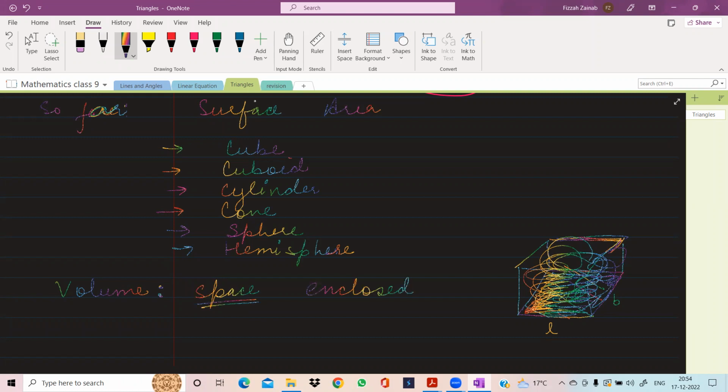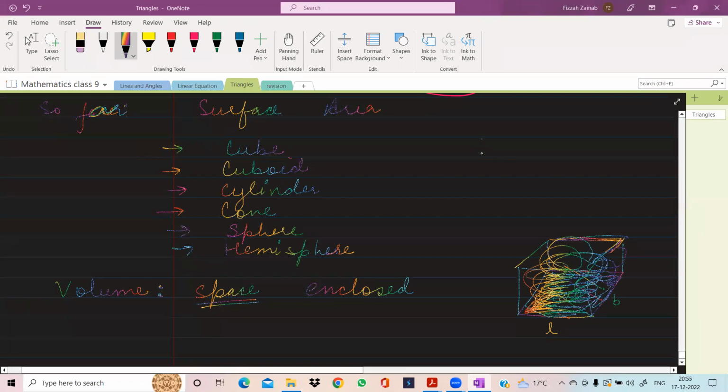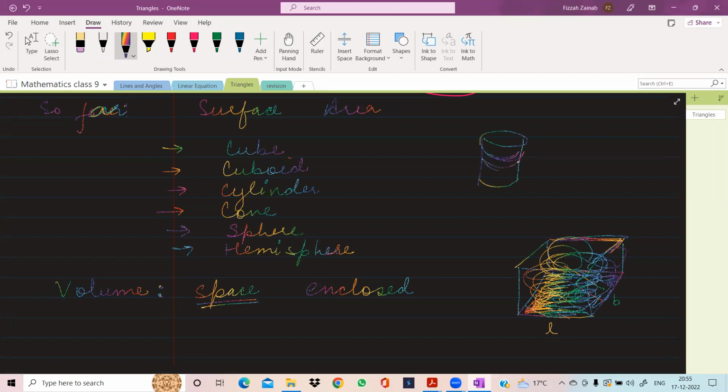Area is for two-dimensional figures and volume is for three-dimensional figures, because it is space. Why I'm saying this: in the case of the cylinder also, when we were finding surface area, we were only looking at the outer area. We were not interested in how much water it is able to hold. We were only interested that if we want to paint it, how much area we have to paint.